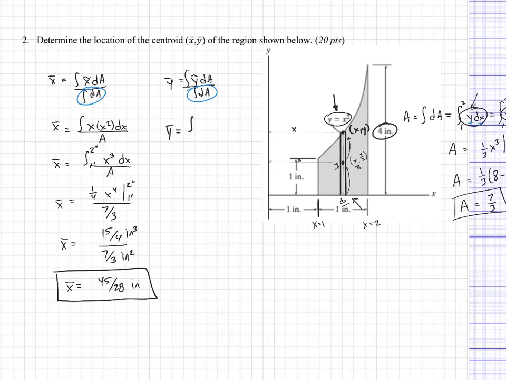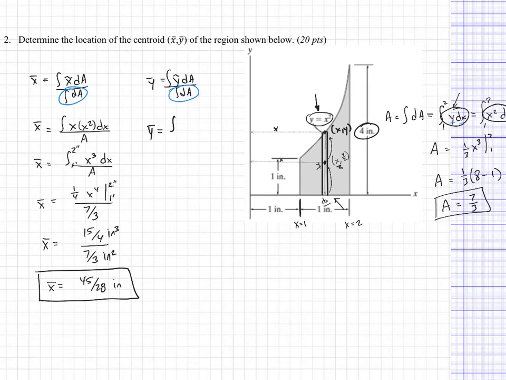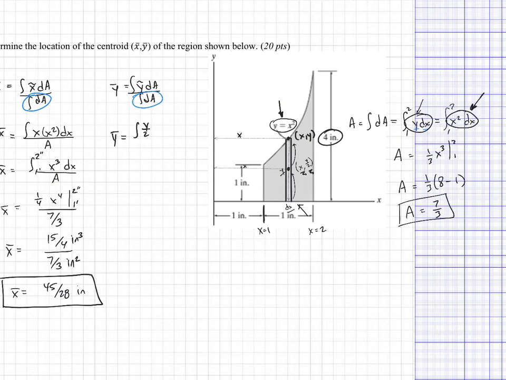I need the y tilde, which is y over 2. So y over 2, and then the dA, I'm going to write as y dx here, just because I already have the y's there. Then I'm going to leave that A on the bottom.